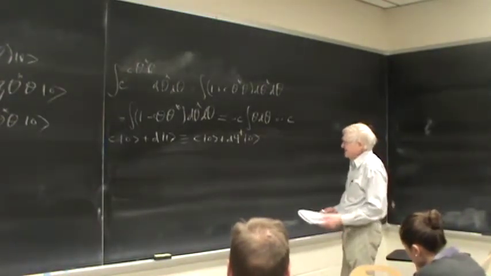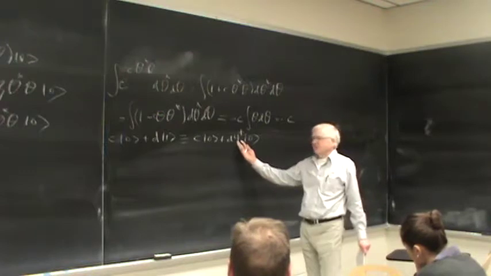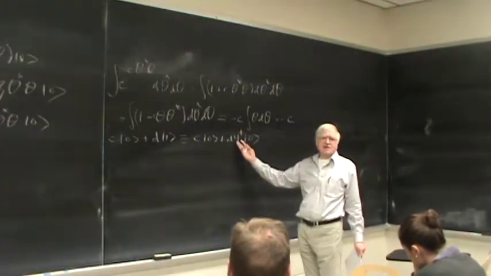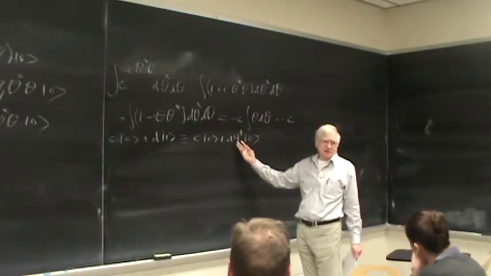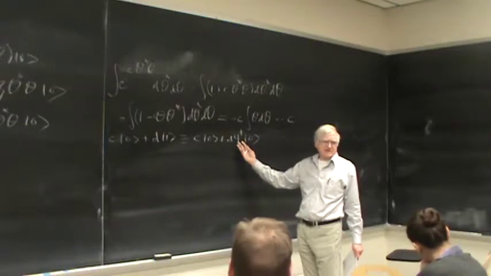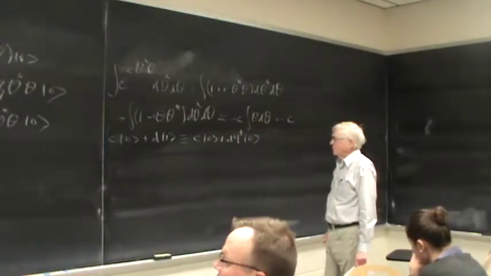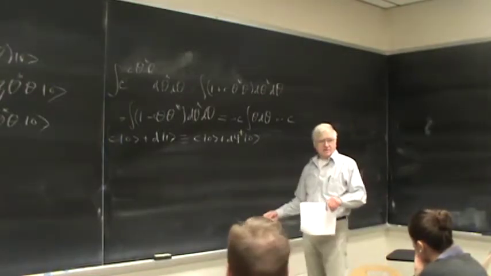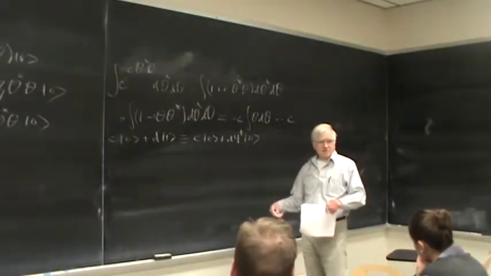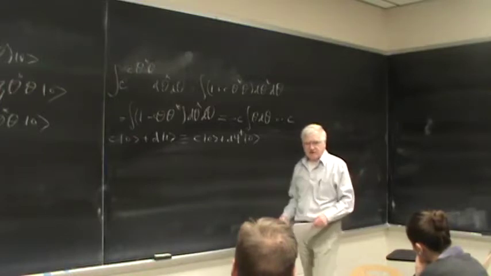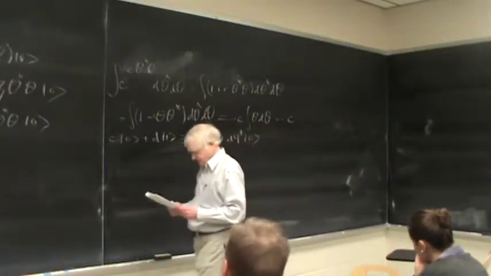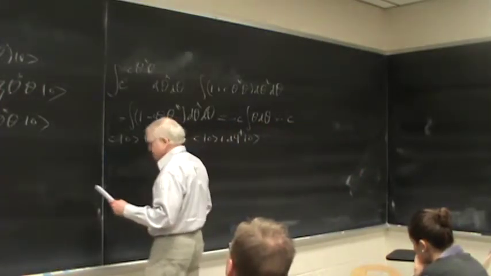I guess the answer is that this is not playing the role of a field, this is playing the role of a fermionic creation operator, which makes sense. Okay. And what we would have to have is another fermionic creation operator, which is complex, which would create the other state. Okay, anyway, this is what we've got.